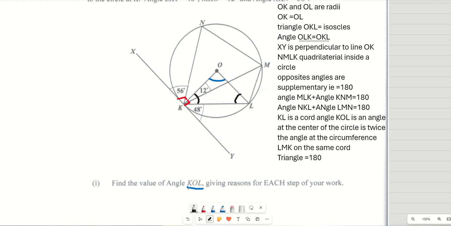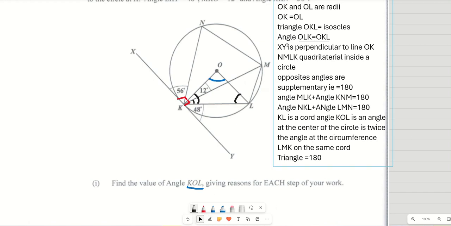And we know that they are the same because they are on an isosceles triangle, right? We also know that this 12 plus this region right here plus 48 would be equal to 90 degrees. Yeah? So now we're going to work backwards from what we know.